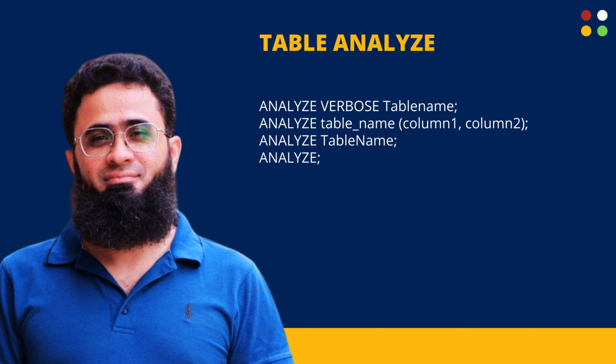We can perform analyze on a specific table, and we can also analyze all objects of a database by just entering the analyze command at the PostgreSQL prompt. And if you want better performance in our PostgreSQL database, we have to perform the table analyze task on a regular basis.